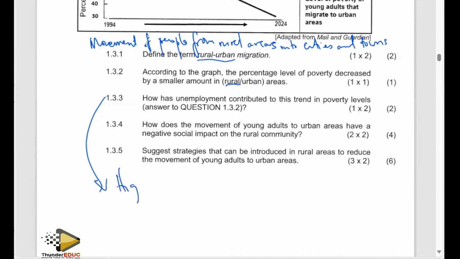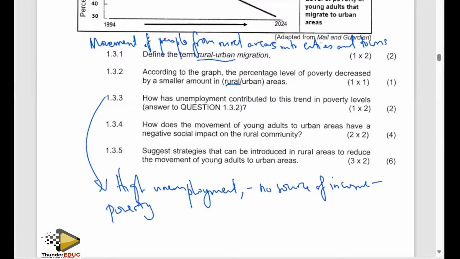With high unemployment in the rural areas, the consequence is that there's no source of income. And without a source of income, therefore there's poverty. Or we can say with unemployment, you don't have income. And without income, you can't afford the basics.